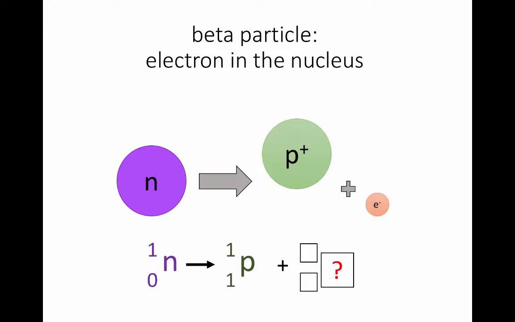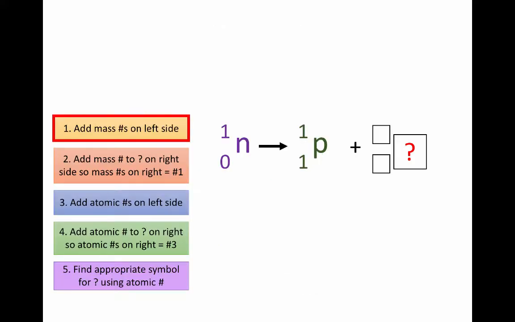Okay, so on the left side here we have our neutron that's turning into a proton, and this beta particle, that we don't know the symbol for yet, but we can determine it using the rules of balancing a nuclear equation. So let's start by adding the mass numbers on the left side, and that's extremely easy because we only have one thing on the left side. Our total is 1.